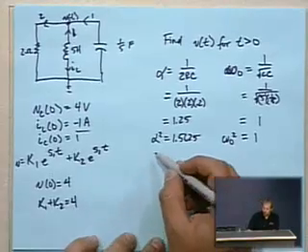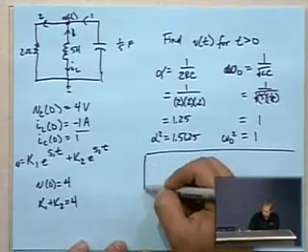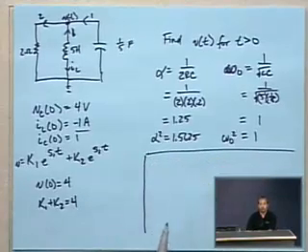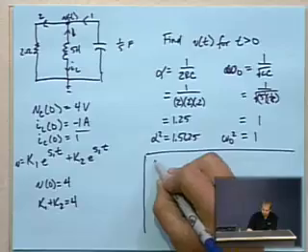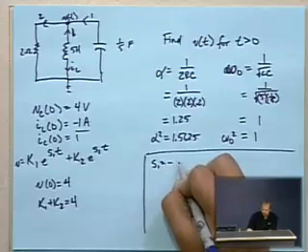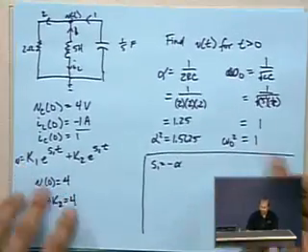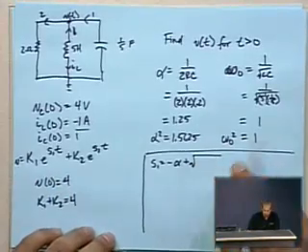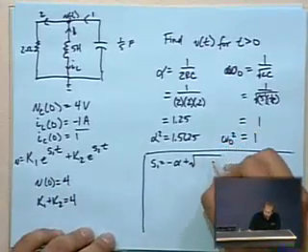Next thing that we need to do, and we probably should have done it before, was to solve for the roots S1 and S2. This one is negative alpha plus the square root of alpha squared minus omega naught squared.